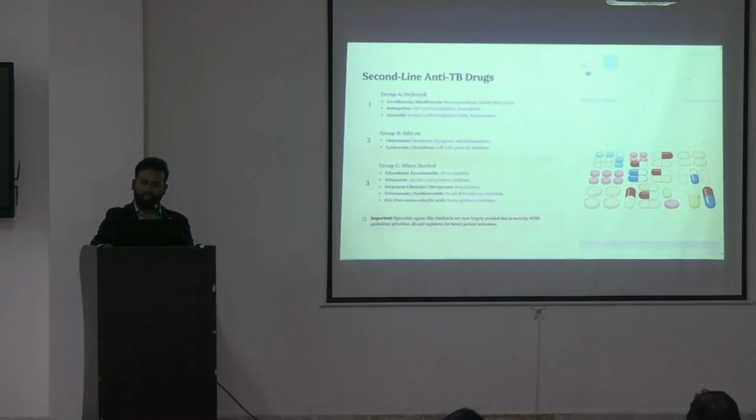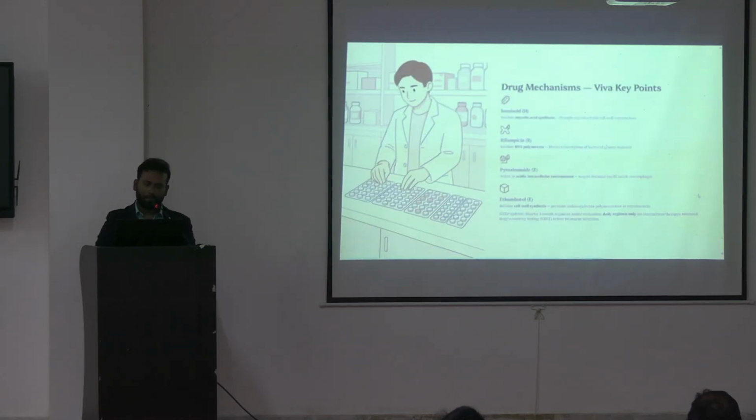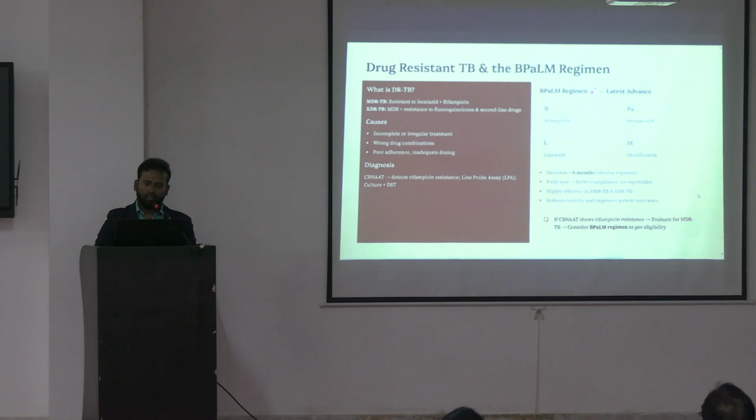These are the second line drugs. There is something like drug resistant TB. There is MDR-TB, multi-drug resistant TB, which is resistant to isoniazid and rifampicin, and XDR-TB, which is MDR, meaning rifampicin and isoniazid, plus resistance to fluoroquinolones and other second line drugs.